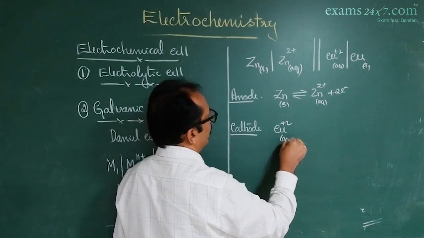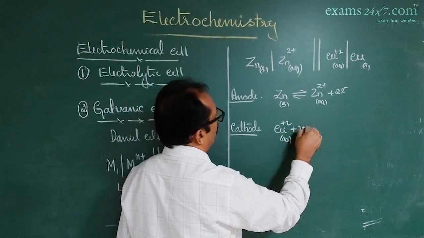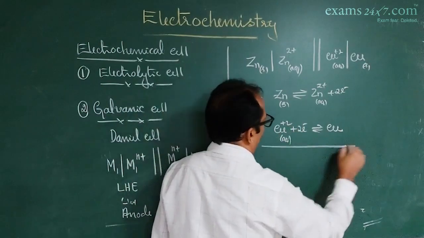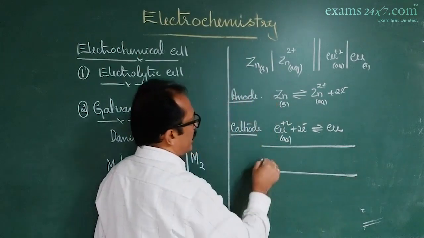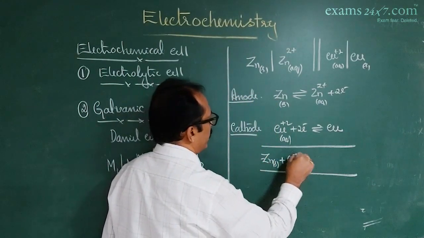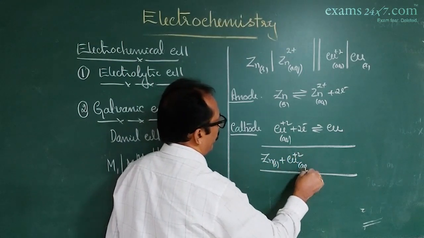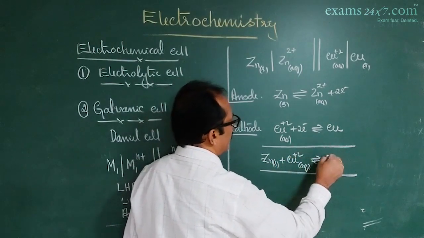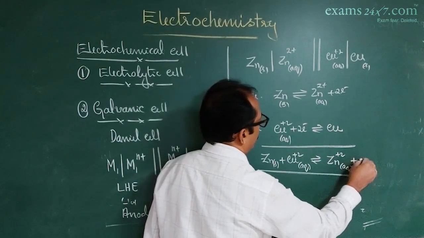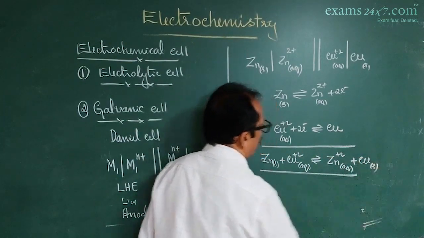Cu2+ undergoes reduction to give Cu. About the overall reaction: zinc solid plus Cu2+ aqueous gives Zn2+ aqueous and Cu solid.